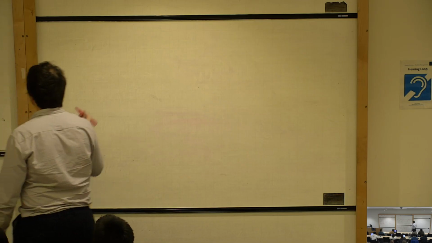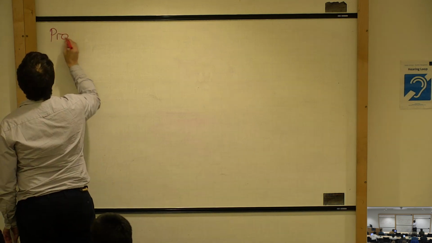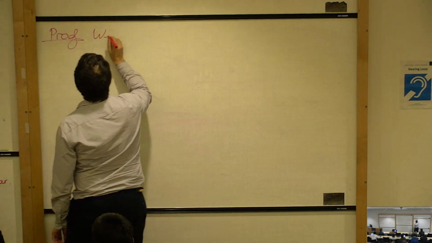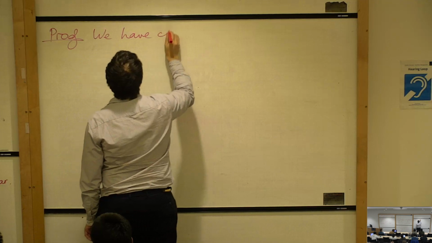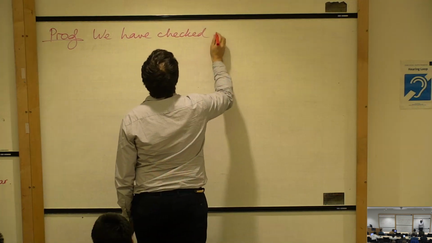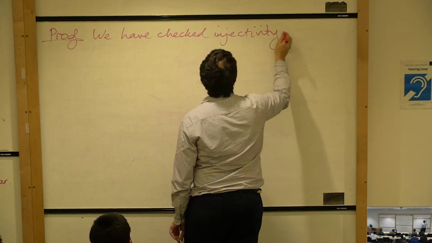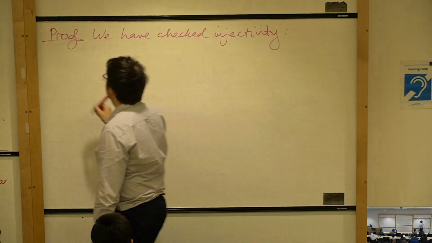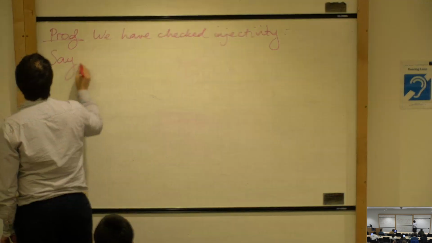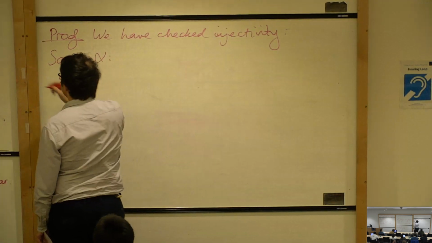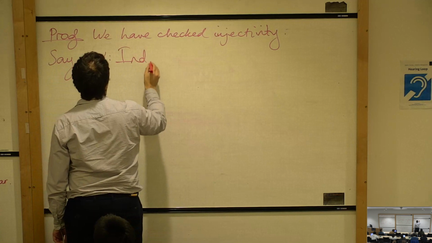Okay, so let's just check that it says everything. We have to check injectivity and the surjectivity of this. Suppose I have an alpha in the right-hand side, which is a G-linear map from the induction.